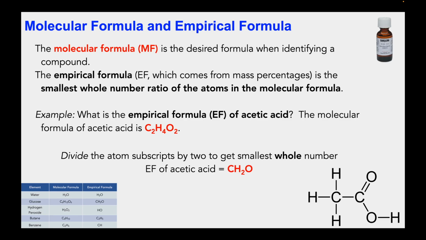Now, let's look at it from the empirical formula to the molecular formula. CH2O taken twice is C2H4O2. So if we could somehow find that ratio, we could then multiply it by the empirical formula to get the molecular formula. So how do you find that ratio?